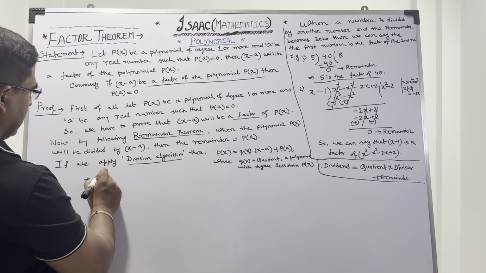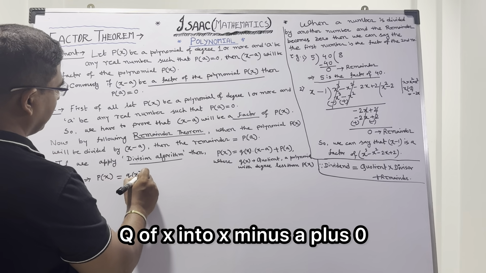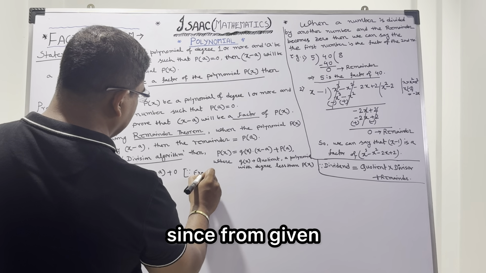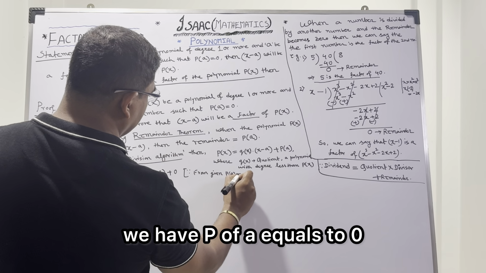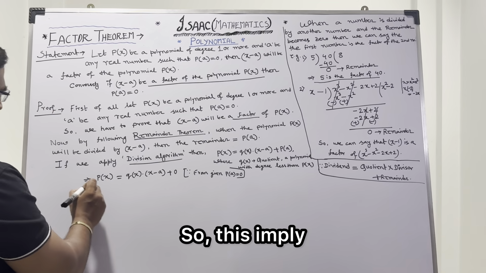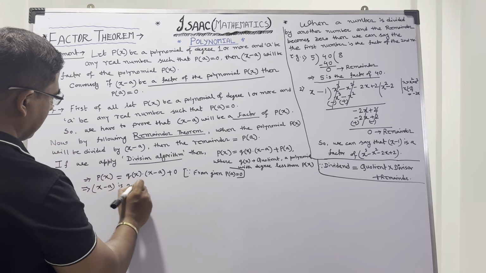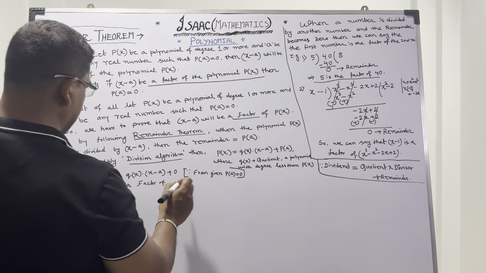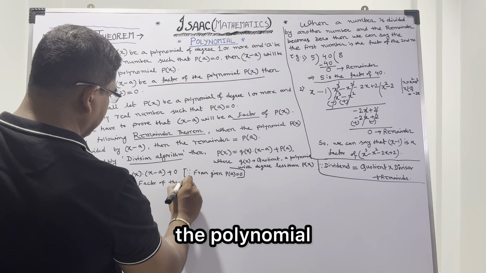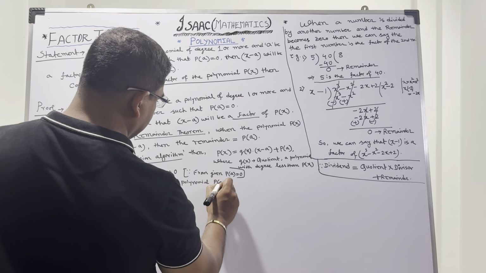This implies P of x is equal to Q of x into x minus a plus 0, since from the given we have P of a equals 0. So this implies x minus a is a factor of the polynomial P of x.